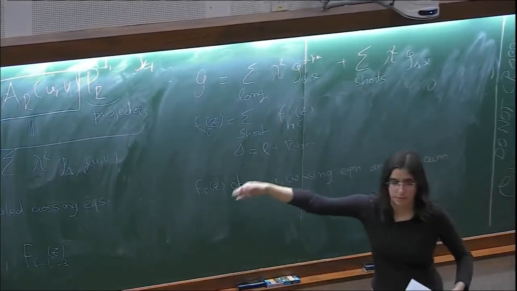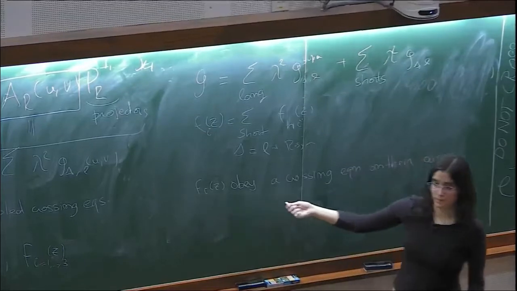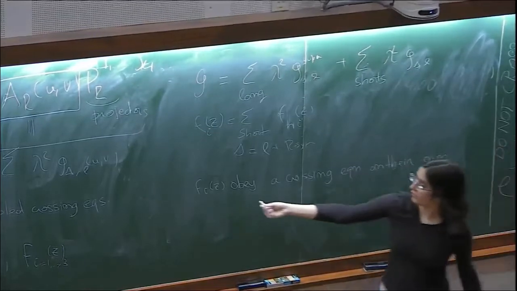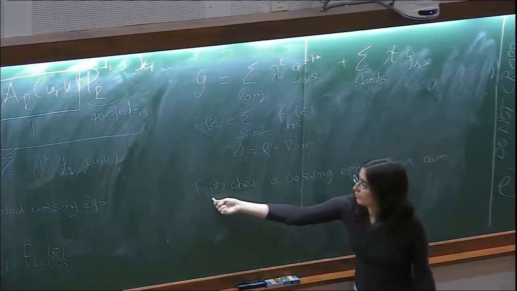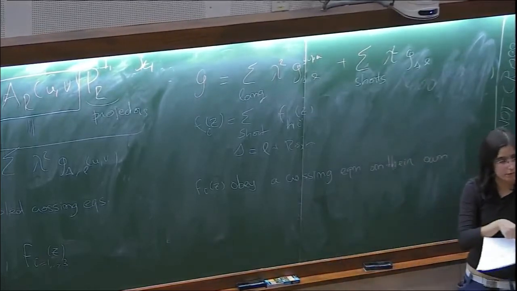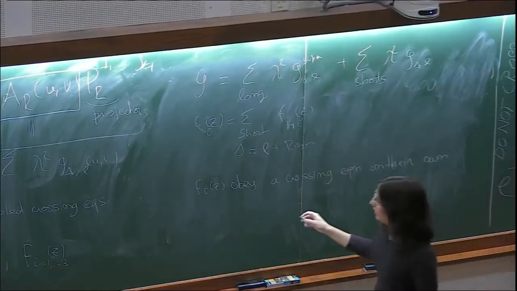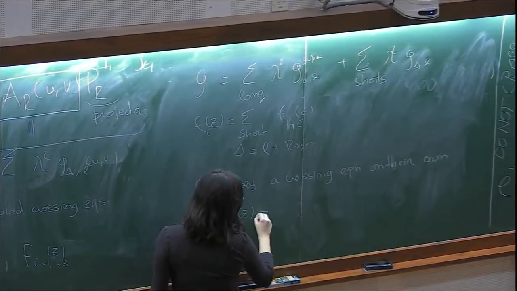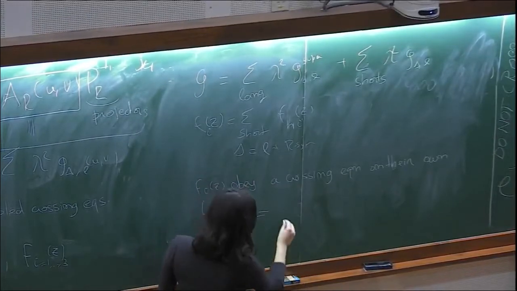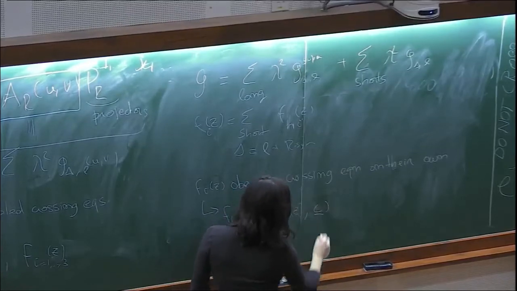But from this perspective, you're just working out your crossing equations, and you find, wow, this equation is actually very simple. It's a meromorphic function of z, and it obeys its own crossing equation. I can fix the function by the leading behavior, and I can fix the leading behavior just by the OPE. So actually, we can solve for these guys as they will all be some function of c, the central charge.